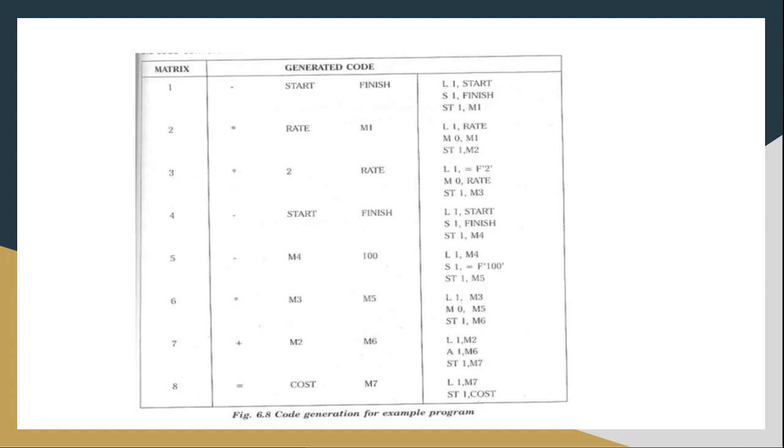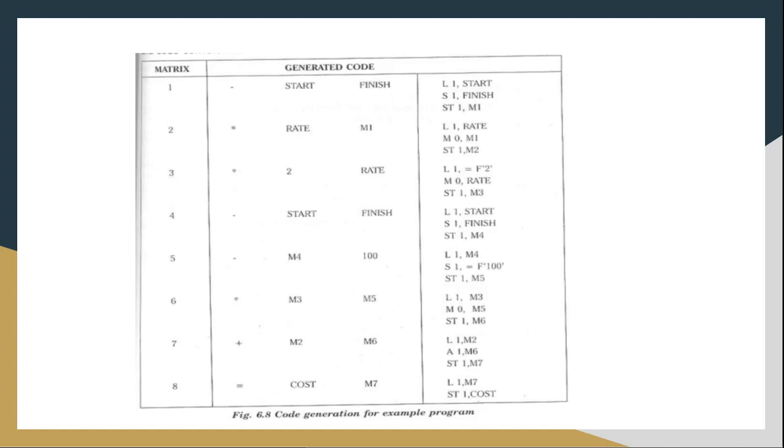Actually 1, but we specify 1 minus 1, 0, as the target register. So multiply M1 with the content of register 0 plus 1, that is register 1, that is rate, and the result will be stored into register 1. And finally the result is available in register 1 and will be stored into the variable M2.